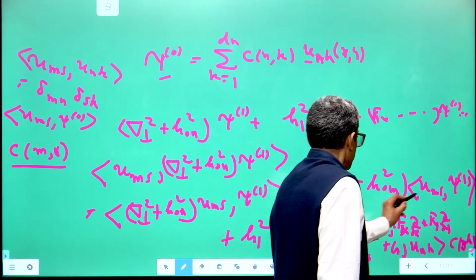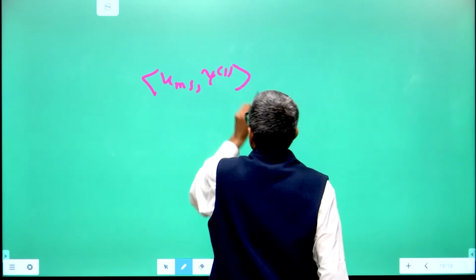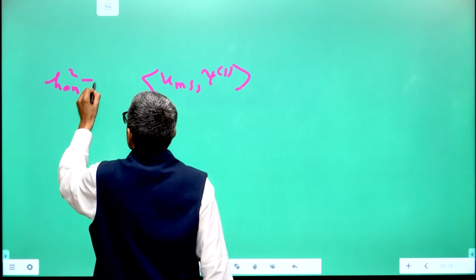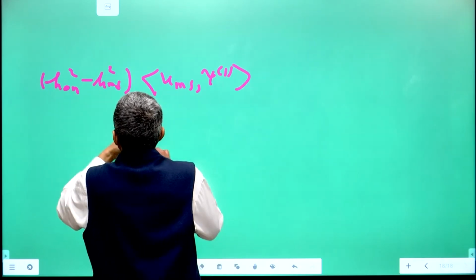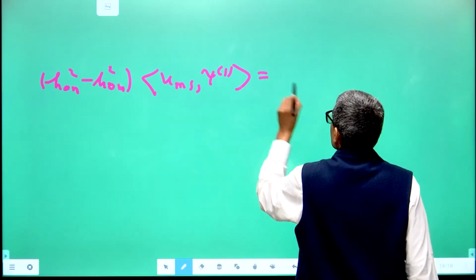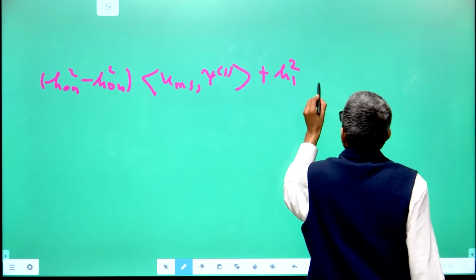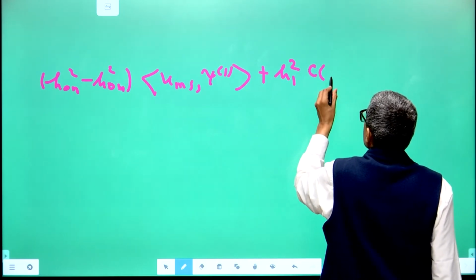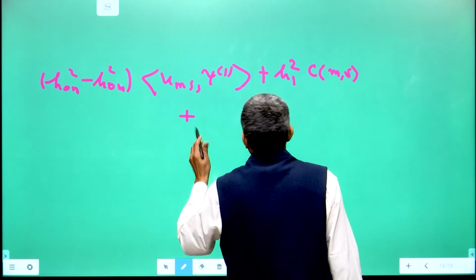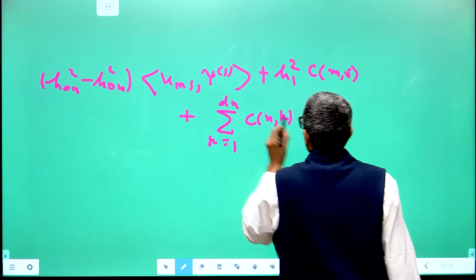So you will get an equation for ums comma psi 1: h0n square minus h0m square, times ums comma psi 1, is equal to h1 square times CMS plus summation Cnk, k goes from 1 to dn, into a matrix that you will get.